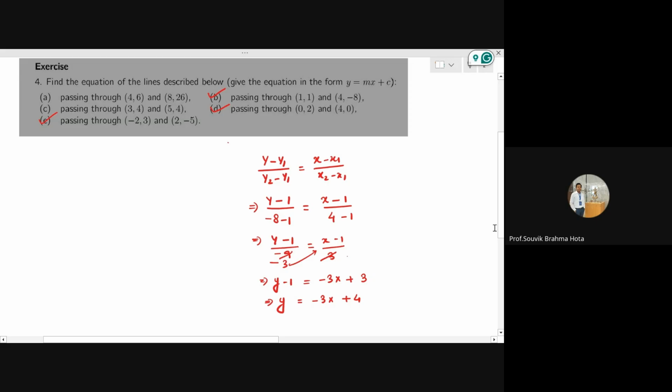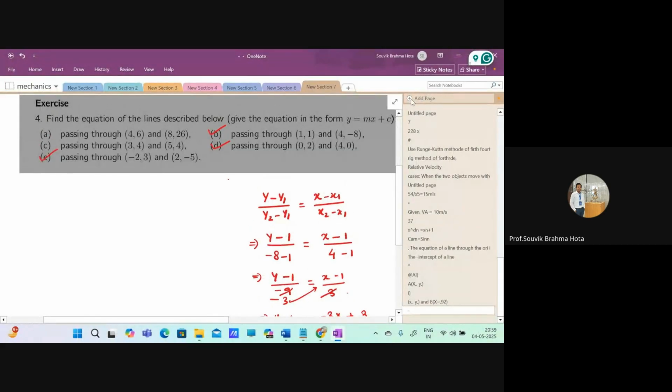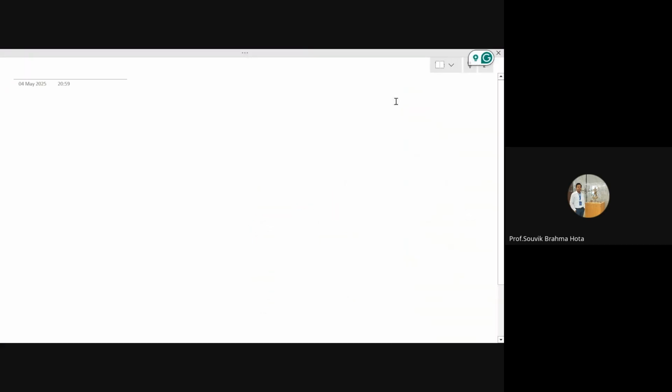Now, moving to the next concept. So that concept is the most general equation of a straight line.